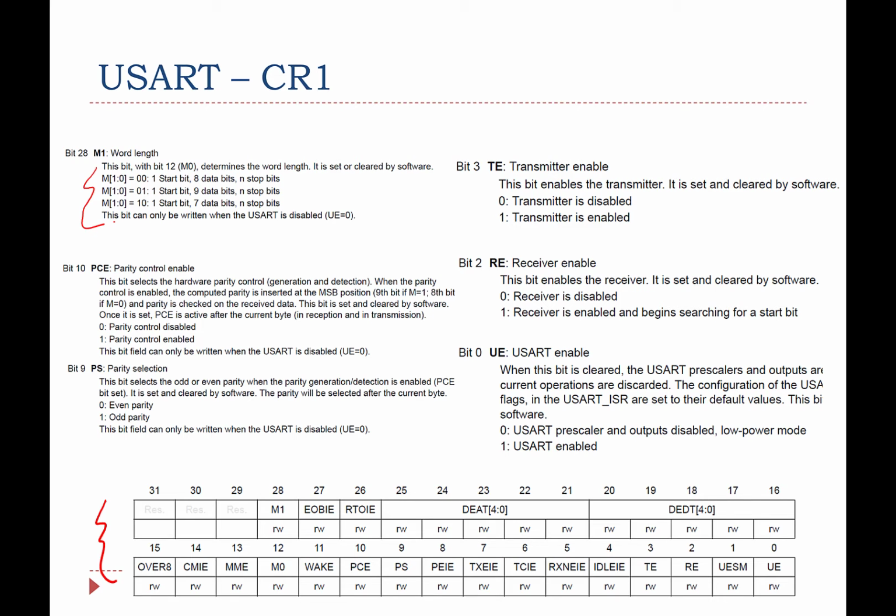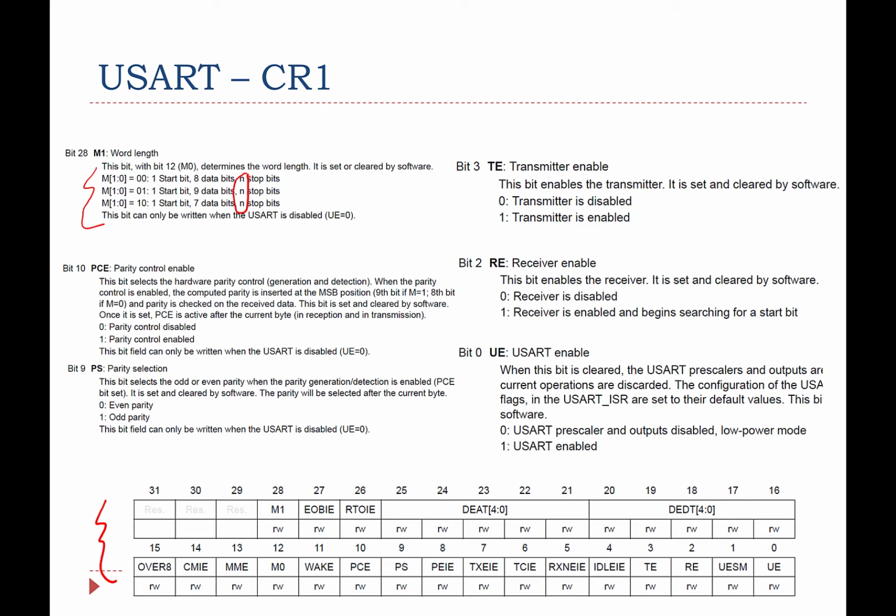And remember, the n is because we haven't configured that part yet. That's a different one. 01, where we have 1 start bit, 9 data bits, n stop bits, and then 1 start bit, 7 data bits, and n stop bits for 10. So those are the 3 configurations.